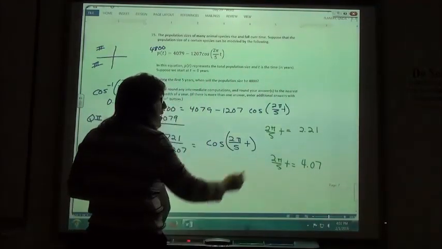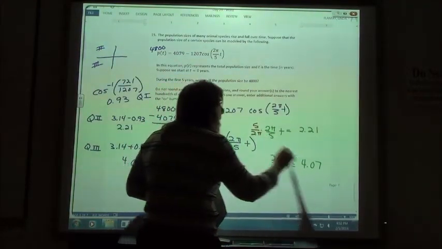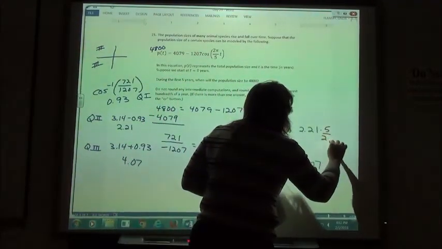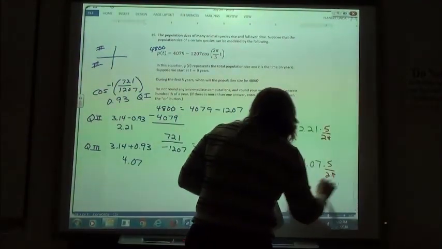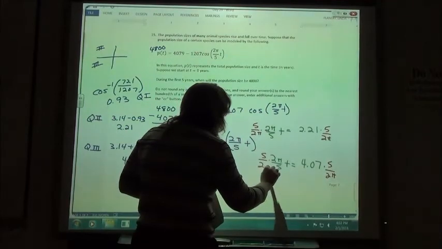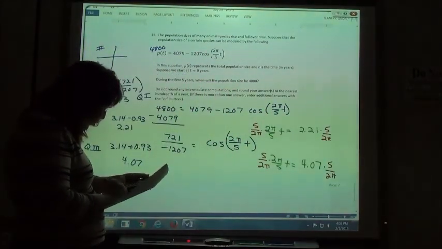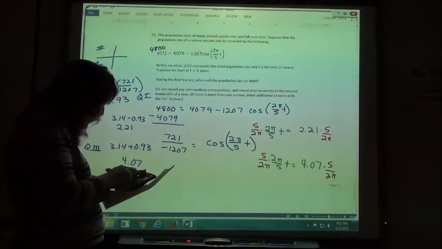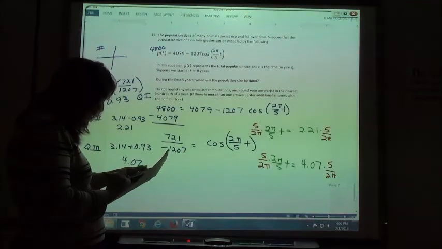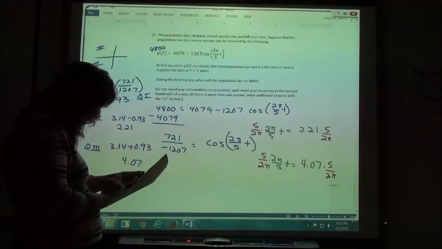Again, to solve that, we have to multiply by the reciprocal, so 5 over 2 pi. So, on my calculator, 2.21 times 5 divided by, whoops, I forgot the 2, divided by 2 shift pi.